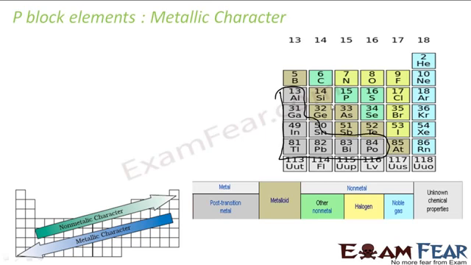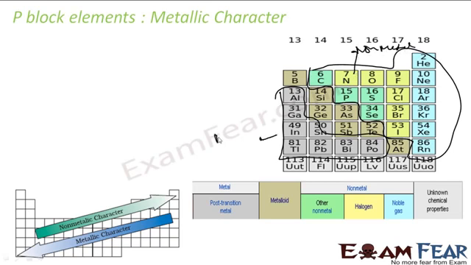The gray, brown ones are my metalloids, and apart from these, the rest are my non-metals. This is my non-metal, this is my metal, and these are my metalloids. Correct? So from metal to non-metal, you go from here to here. Metal, metalloids, non-metal.